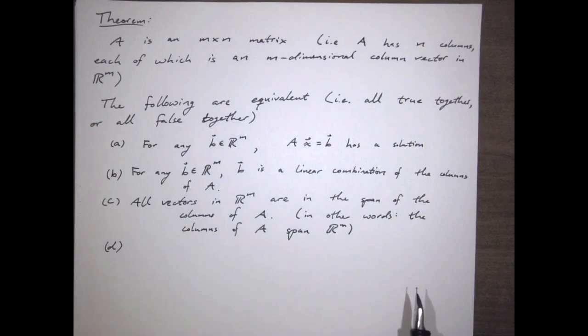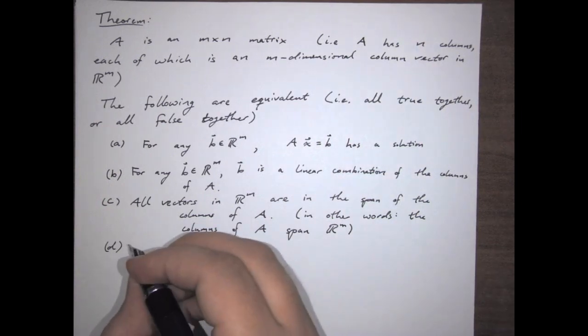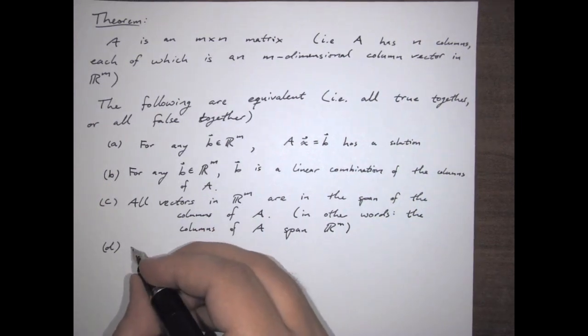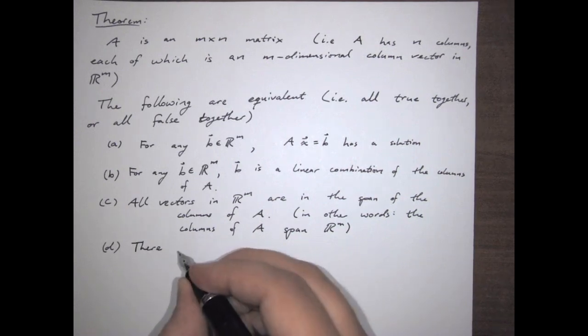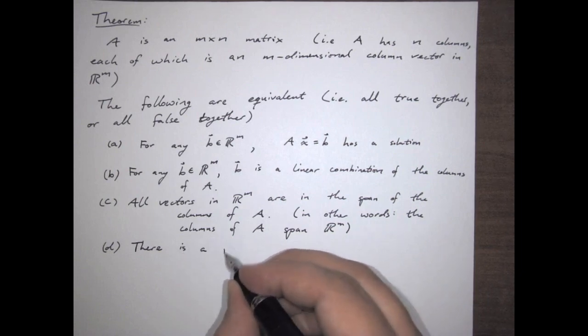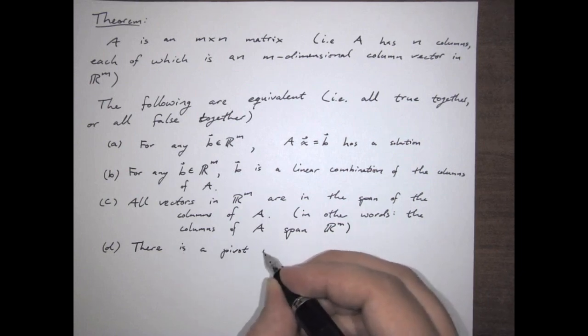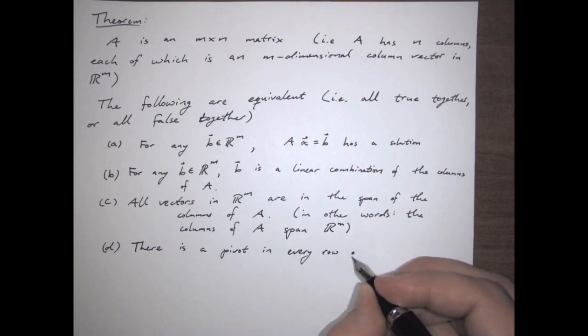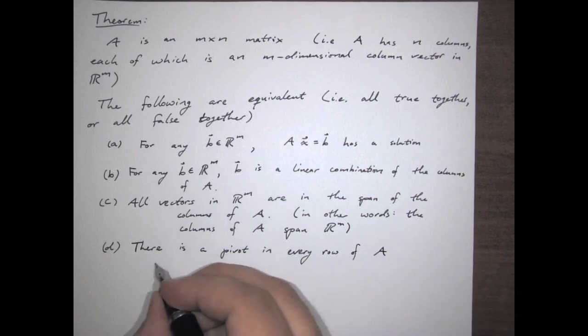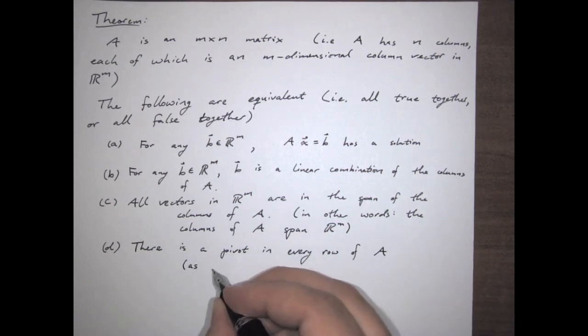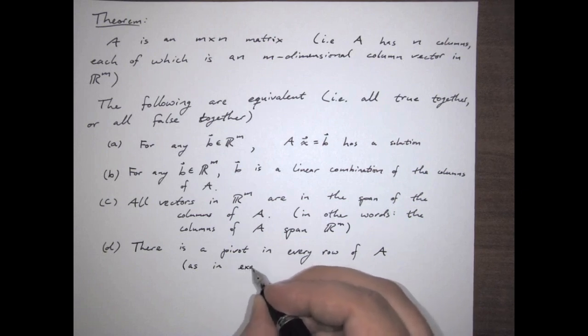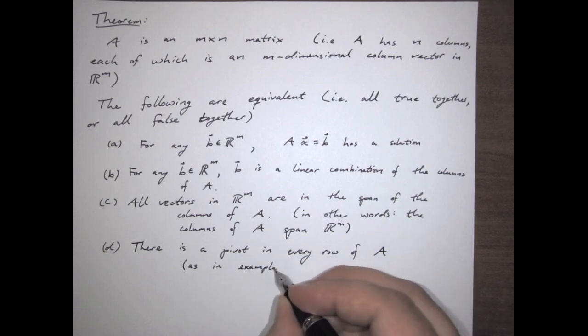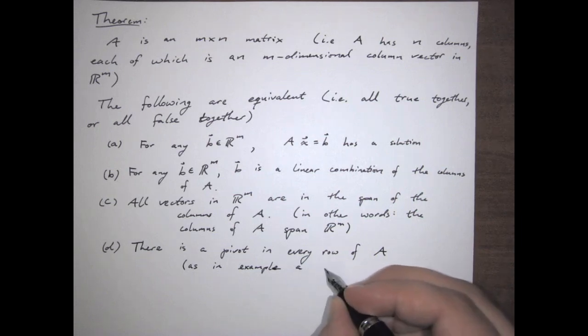And now D is where we really get some new info on the matter. D connects it to an unexpected fact, and that is that there is a pivot in every row of A. So this is as in example A above.